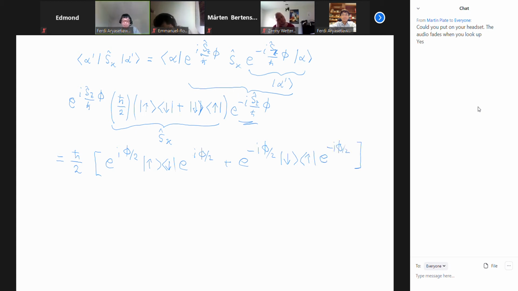Okay, so that's quite straightforward, just applying this operator on the states. If we collect all these terms together, we find that this is just h bar upon 2, and then the operator, which turns out to be Sx, and a cosine here.